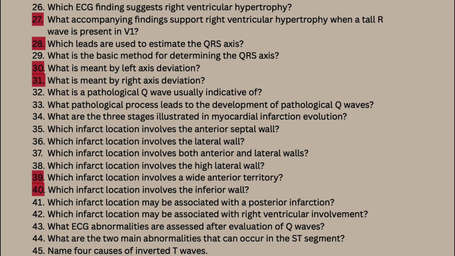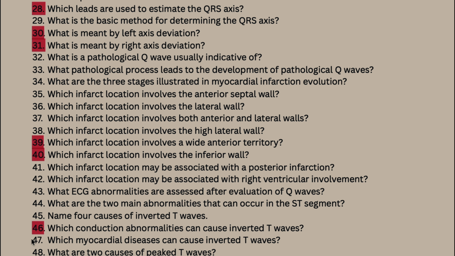Common causes of T wave inversion include ventricular hypertrophy with strain, myocardial ischemia or infarction, bundle branch block, myocarditis, or cardiomyopathy. Peaked T waves are classically associated with hyperkalaemia, although they may also occur during the hyperacute phase of myocardial infarction.